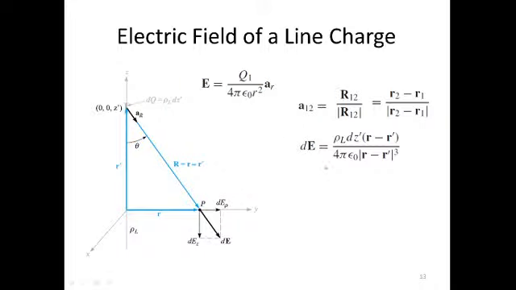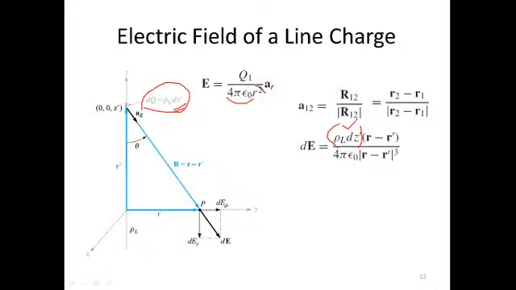Now at the magnitude, instead of writing dq, we shall put rho L into dz dash. We have substituted this, and in the denominator, 4 pi epsilon 0 is the same.